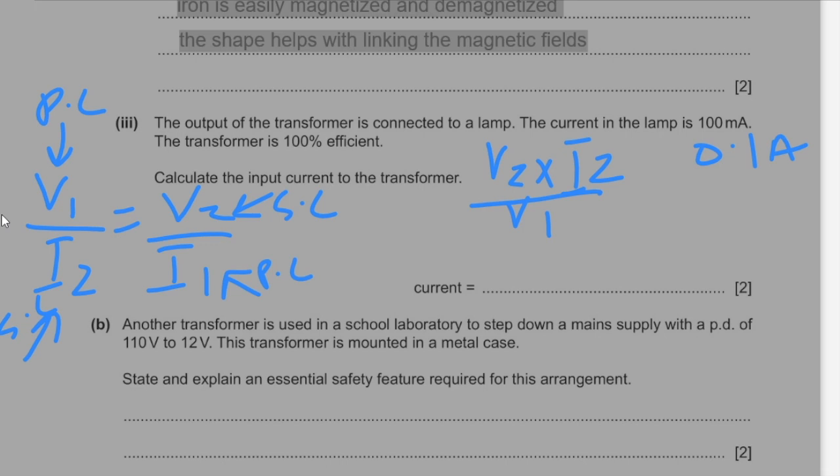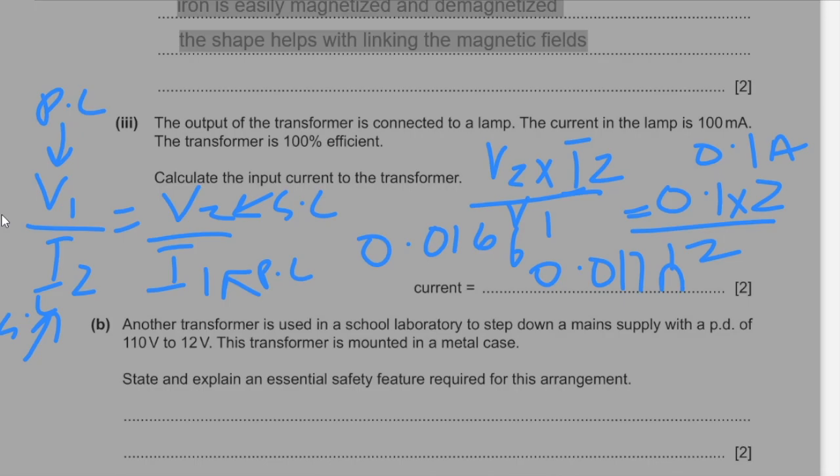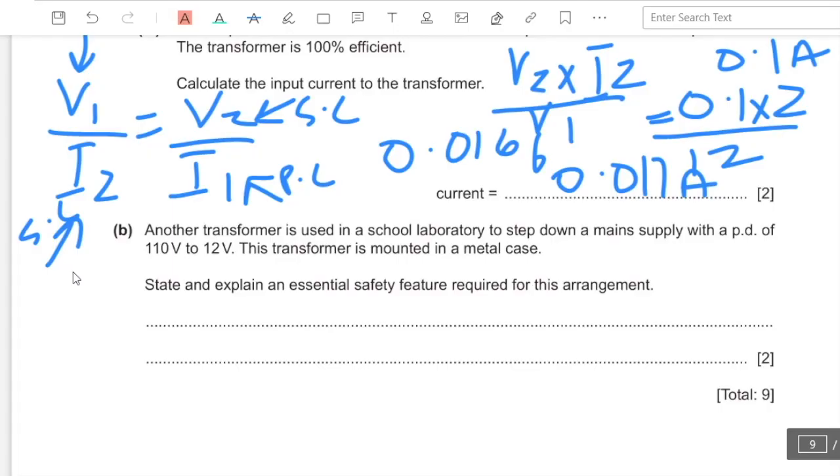And that means 0.1 times 2 divided by the voltage in primary coil, which was 12, and this gives the answer as 0.0166. So I'll round it to two significant figures, which is 0.017 amperes.